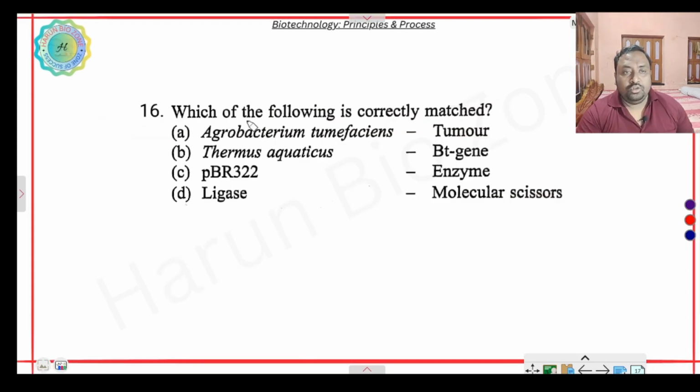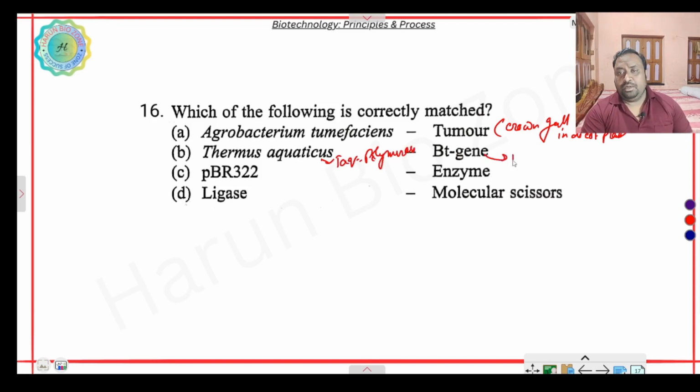Next question is, which of the following is correctly matched? Agrobacterium tumefaciens produces tumor, crown gall disease, in dicot plants. Thermus aquaticus produces Taq polymerase used in PCR.